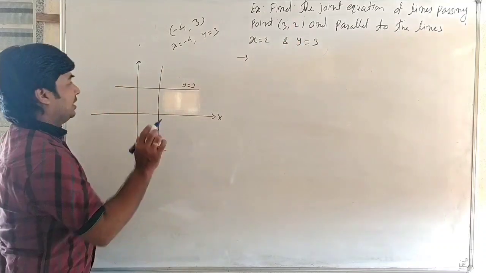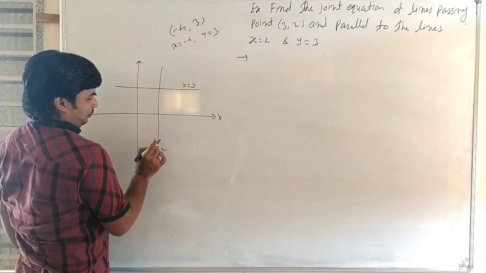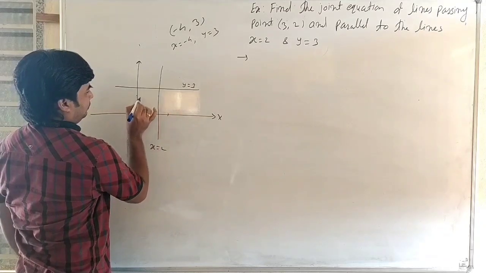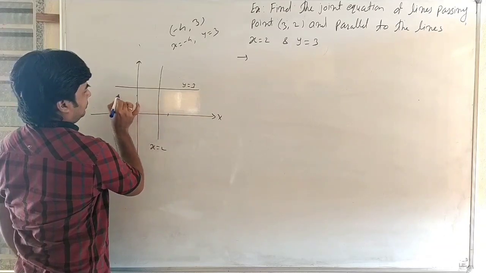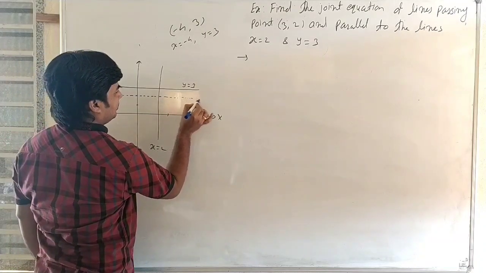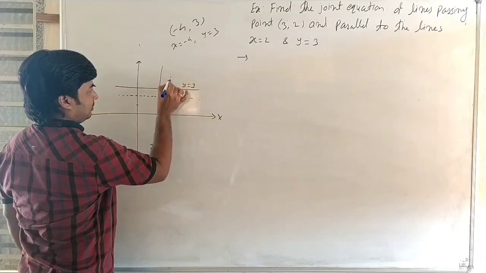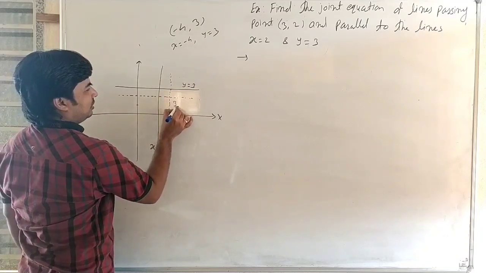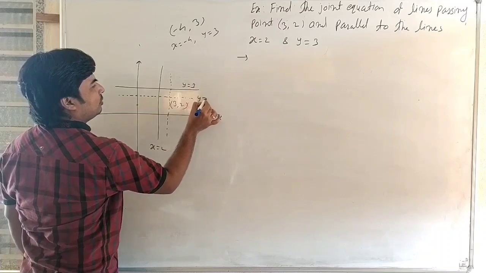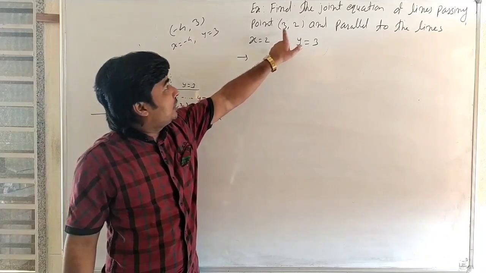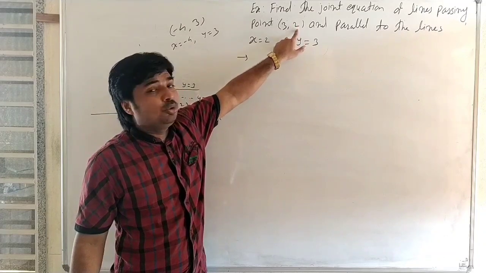Here the dotted lines are our required lines. It is point (3, 2). Therefore, y = 2 and x = 3. That means the equations of the lines are x = 3 and y = 2.